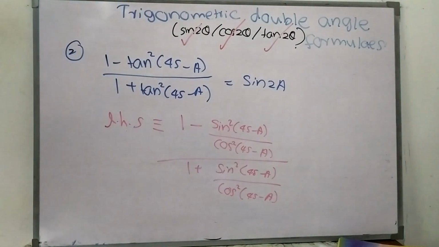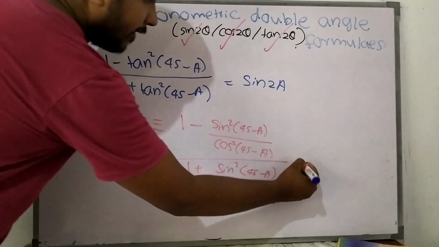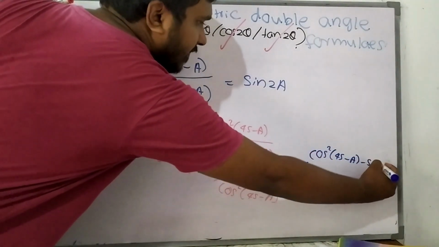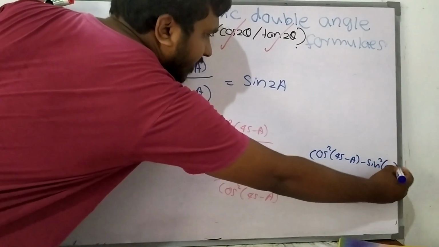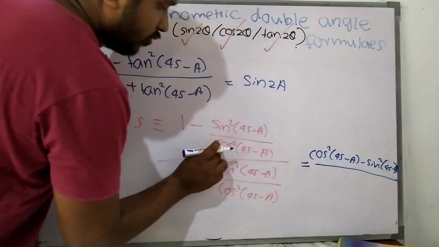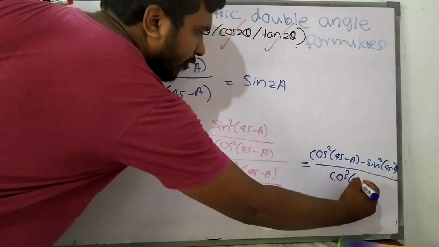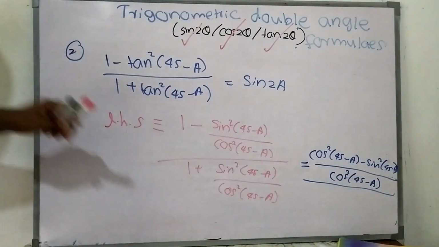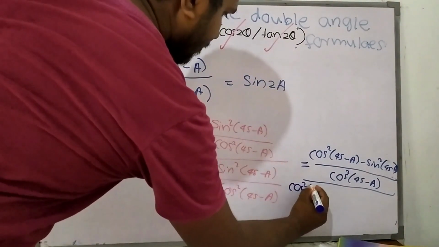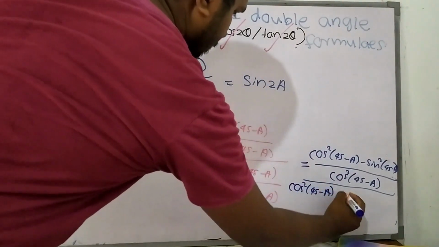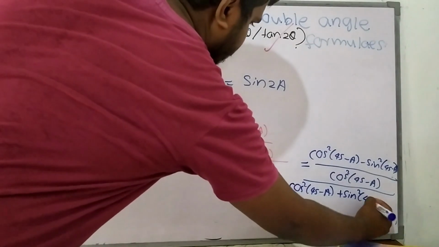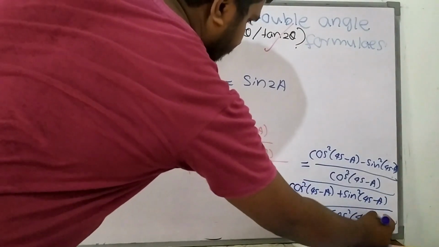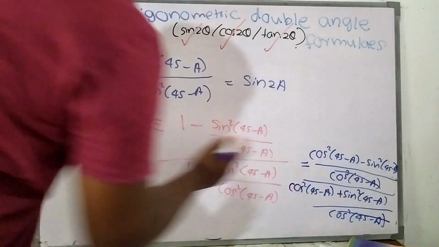We can take a common denominator, cos squared (45 minus A). These two get cancelled.